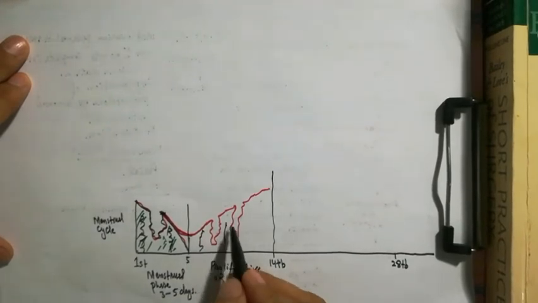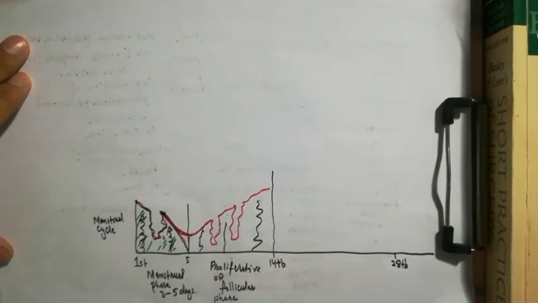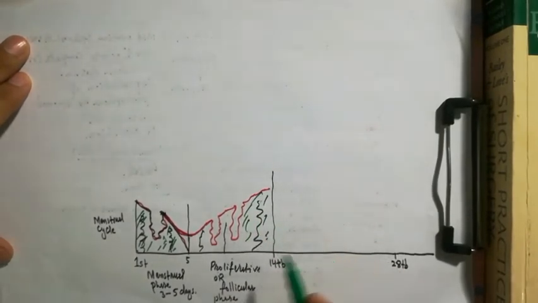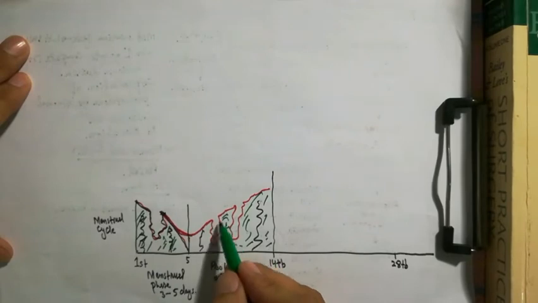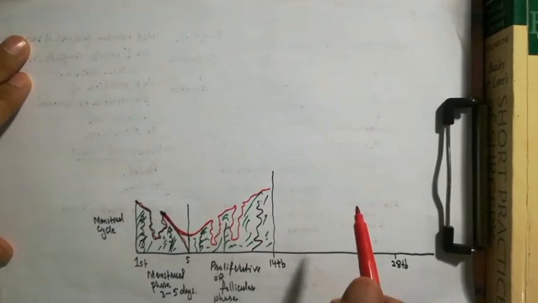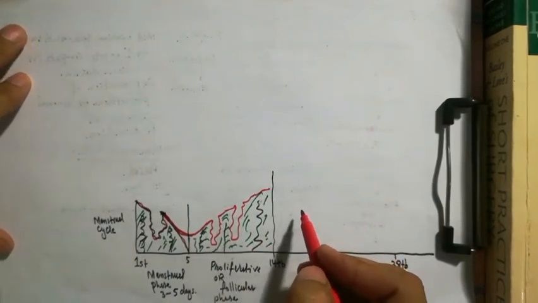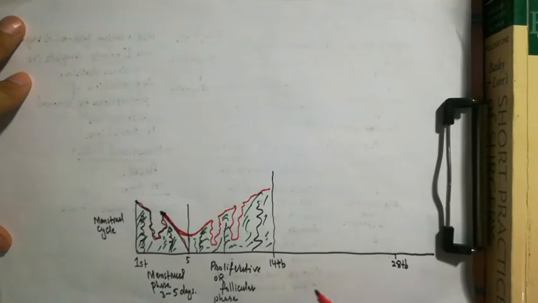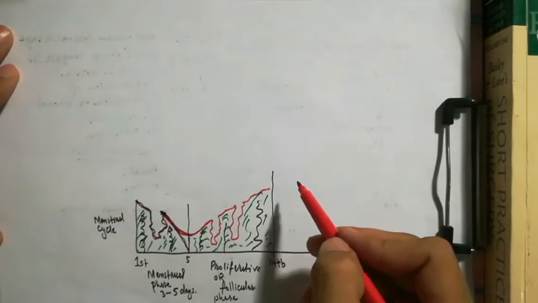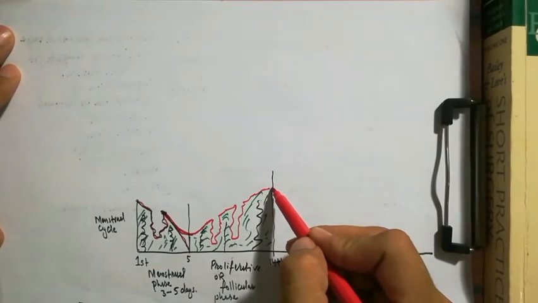These are spiral arteries, and this is connective tissue. And these are endometrial glands. After proliferative phase, luteal phase or secretory phase begins.